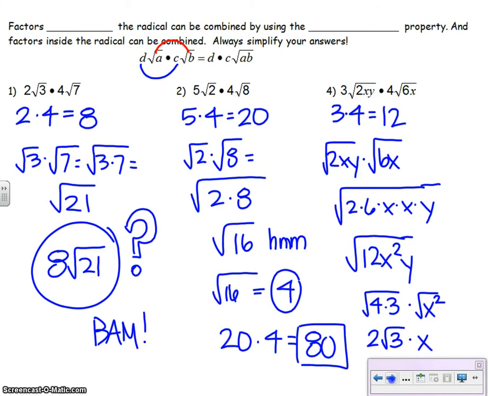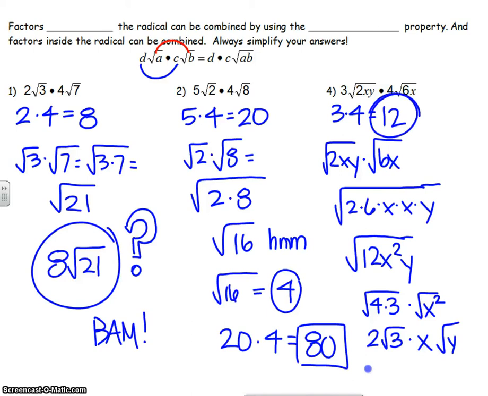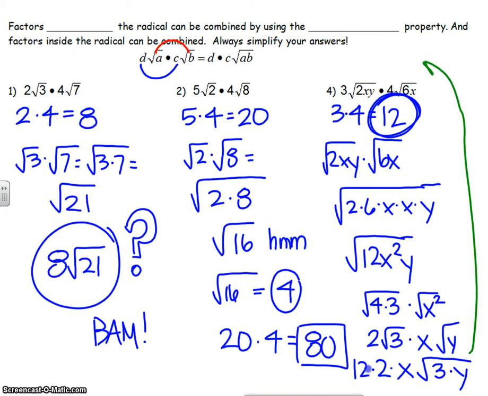And the square root of y is just the square root of y. Now we can take our simplified problem and we can't forget about our 12. We're going to put all of our outside stuff in front, and then we'll put all of our inside stuff inside. So 12 times 2 times x, and then underneath our square roots we have 3 and y. So our final answer will be 24x times the square root of 3y.